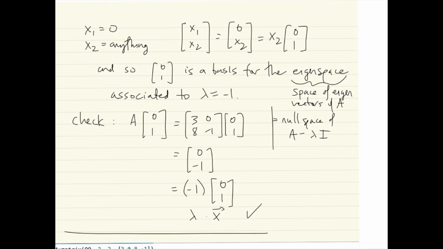The definition of eigenspace is a space of eigenvectors of A minus lambda I. And we can check that (0, 1) is indeed an eigenvector. Take our matrix A, multiply by (0, 1). This would just extract the second column when you multiply by the second standard basis vector, and we get this result, which if you factor out a -1, which again was the eigenvalue, we get x.